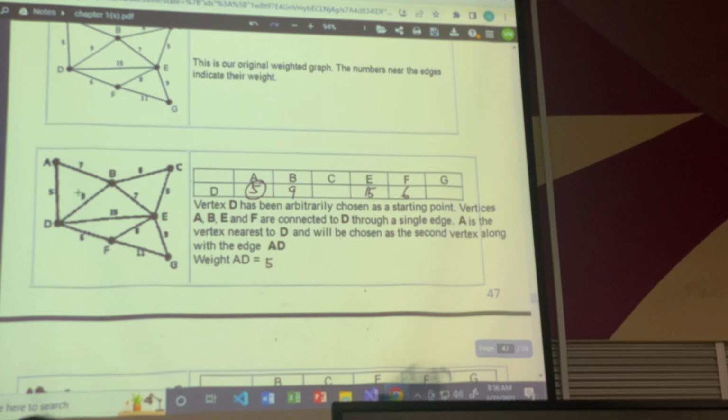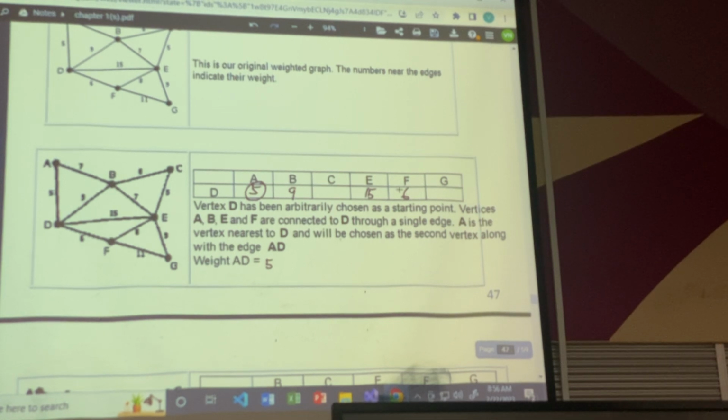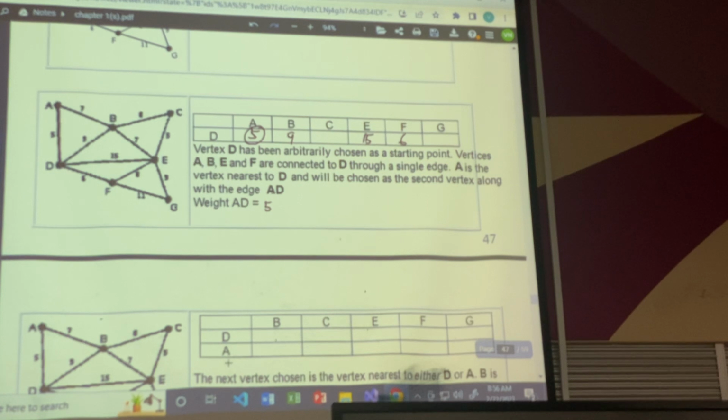Then, because you already chose A, you will move A now to the second row. In the column here, we don't have vertex A anymore. So you see in the next table, A will be at the second row already, and there is no more column A here.